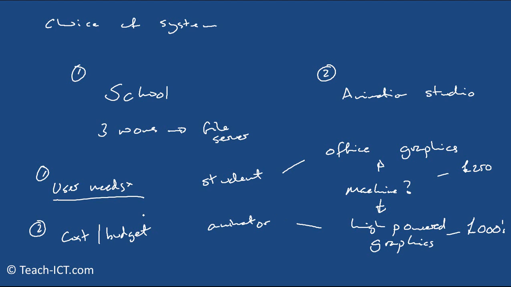It's all about the user needs. You don't really need it. And the reality is that schools don't have a great level of budget, so they can't really afford to put them in place around the school anyway. So these are 2 of the factors that we need to consider when choosing a system. What do your users actually need, and how much money do you actually have in the first place?